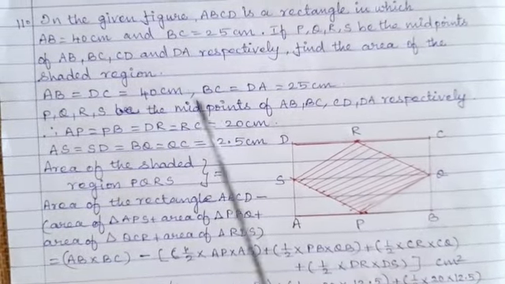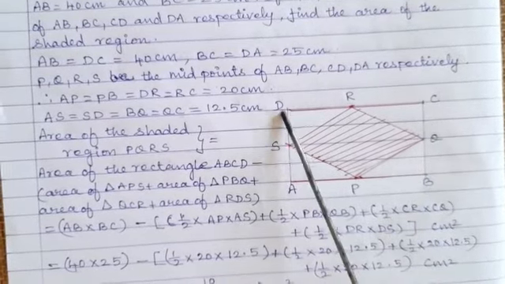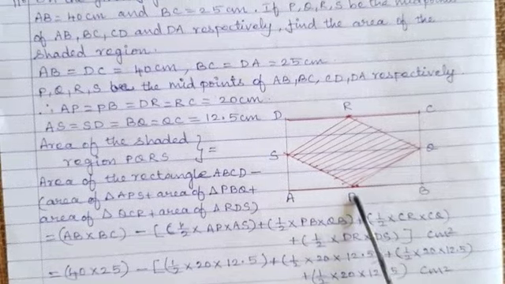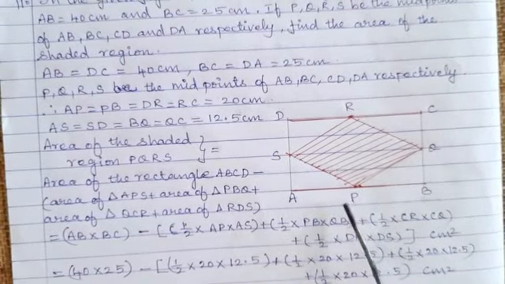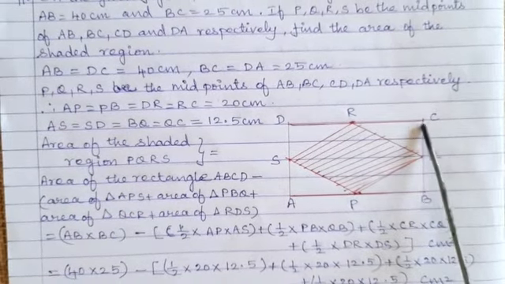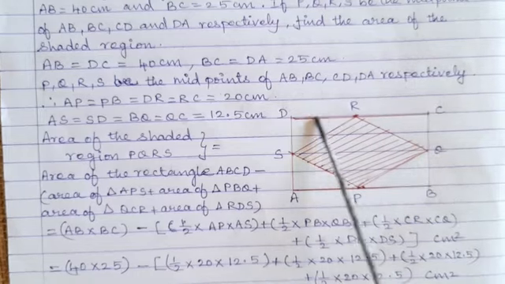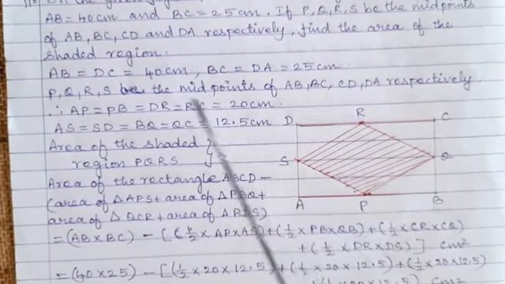In this question, just see the figure now. ABCD is a rectangle. P, Q, R, S are the midpoints of each side. That is, P is the midpoint of AB, Q is the midpoint of BC, R is the midpoint of CD and S is the midpoint of DA. It is given in the question.